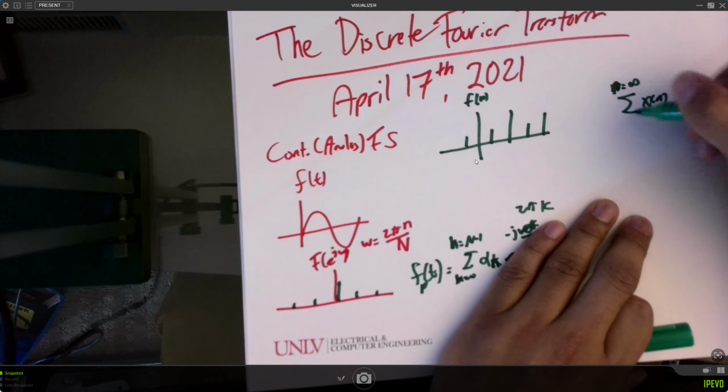This formula would give us e to the j omega, the discrete time Fourier transform.